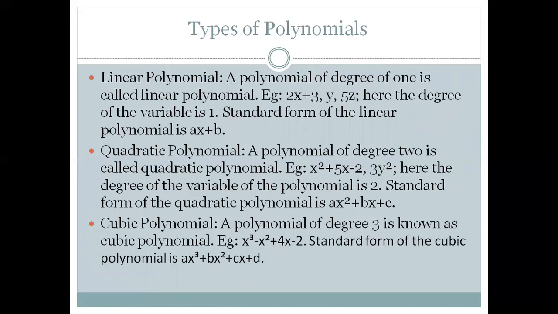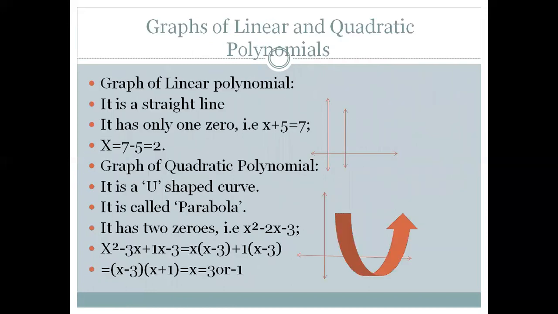Now, let us see the graphs of the linear and quadratic polynomials. The graph of the linear polynomial, if you observe here the right hand side, the graph is mentioned there, it is a straight line. Let us take one example, x plus 5 is equal to 7, which is a linear polynomial.